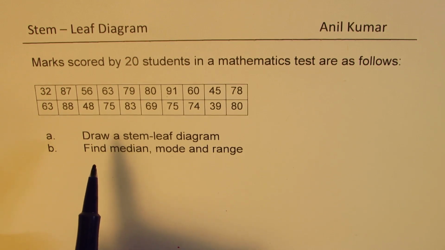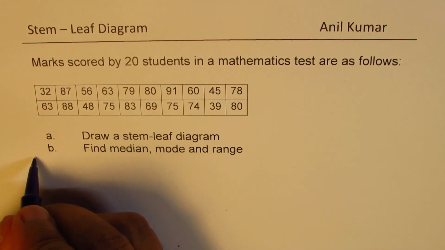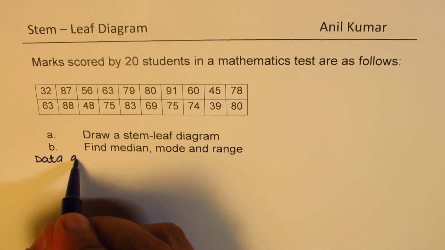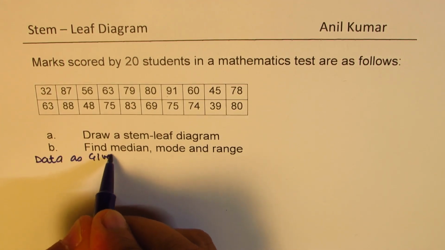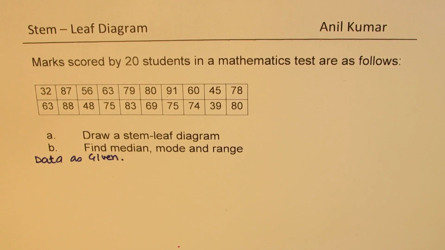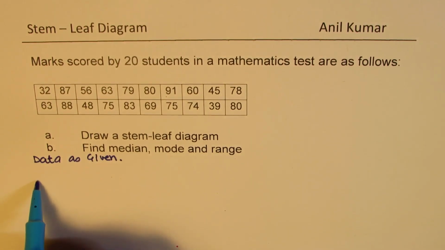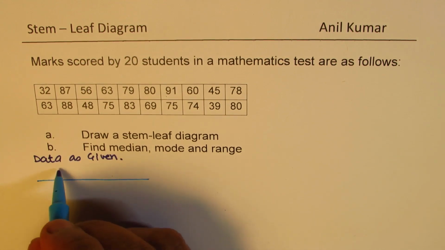So in the first stage, we will arrange the data as given in the form of stem and leaf. That way, it does take a longer time, but the idea here is to get it correct.